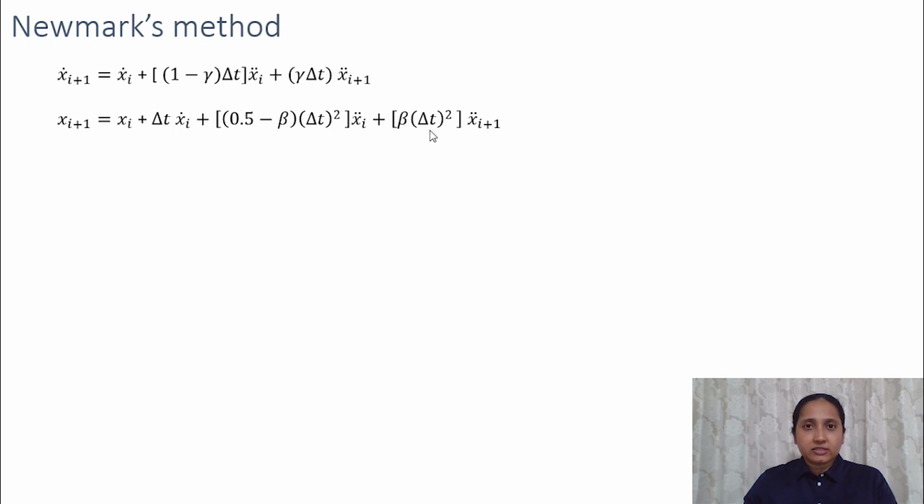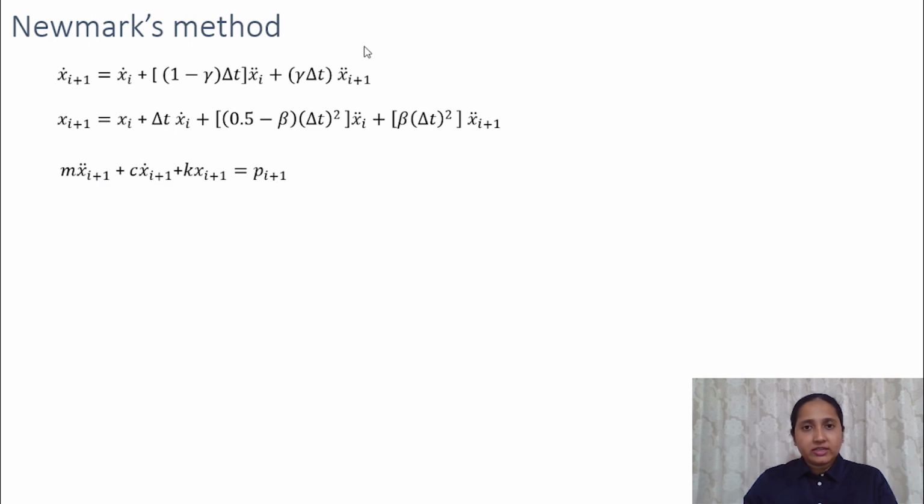Parameters gamma and beta control the variation of acceleration between two time instants. And we know that the equation of motion at time instant i plus 1 is expressed like this. So this equation of motion can be used to find out the value of acceleration at i plus 1.